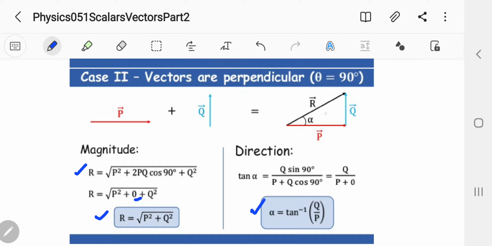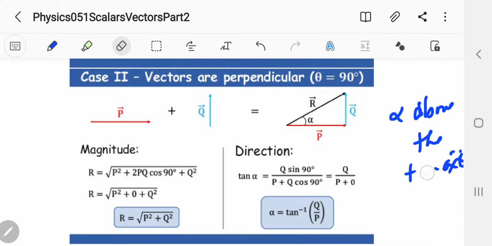This is now alpha, above the positive x-axis.